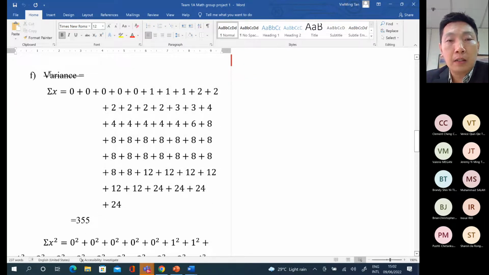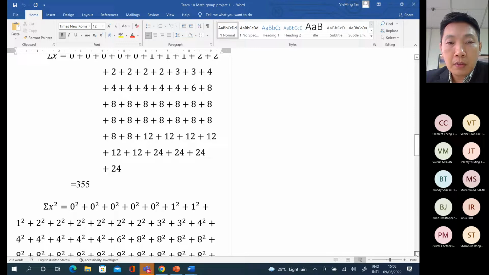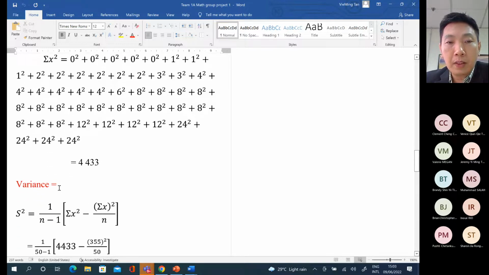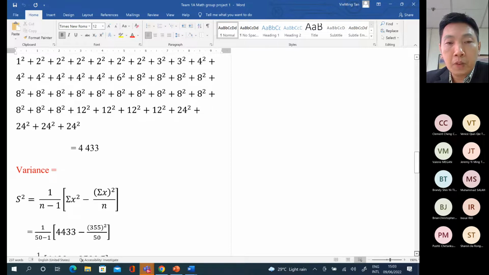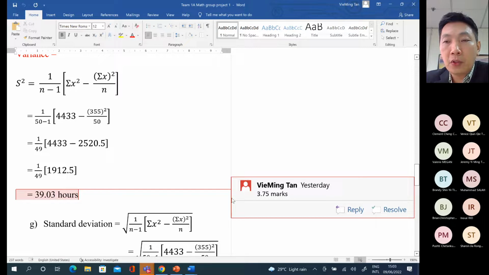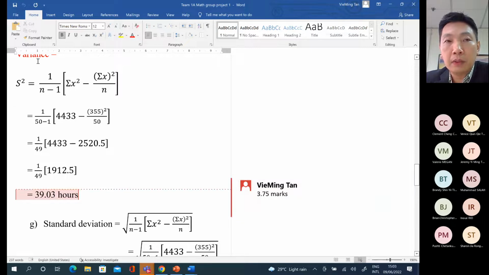In terms of presentation, this one is not good, because if you put variance equal to this, that means variance is equal to total X. I suggest you move the variance here, so that variance is equal to this, S squared, in order to improve your presentation. Because of this, 0.25 marks is deducted for presentation. Others are okay.